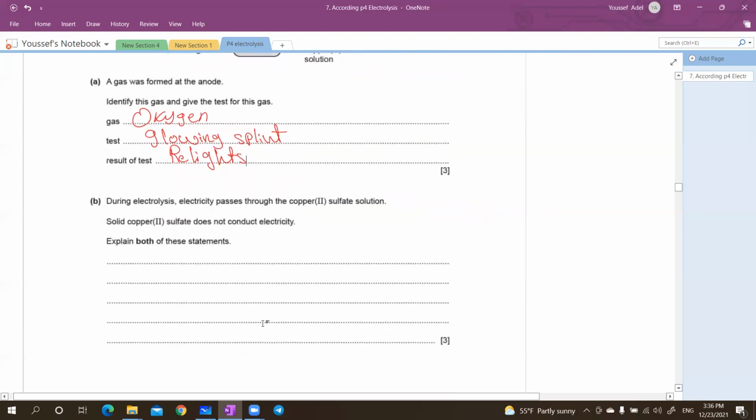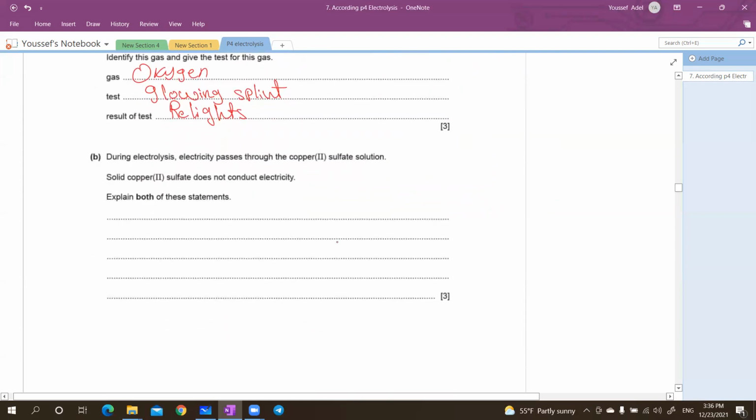During electrolysis, electricity passes through copper sulfate solution. Solid copper sulfate doesn't conduct electricity. Explain both of these statements. Actually, in ionic compounds in the solid state, the ions cannot move freely because they are held together with strong electrostatic attractive forces. But when they are molten or aqueous, the cations and anions can move freely, so they can conduct electricity.